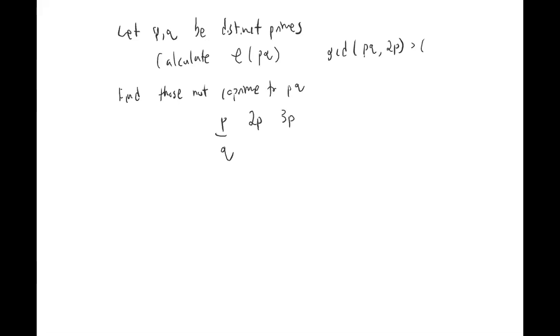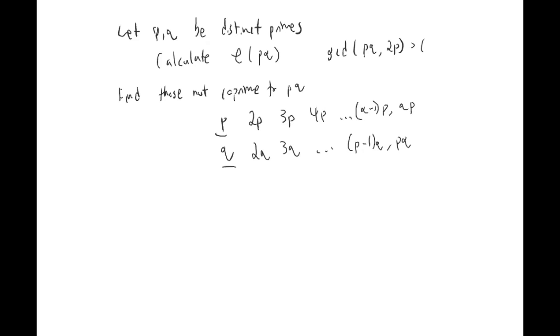So it's 3p, 4p, all the way to (q-1)p and then qp. Now you do the same for this side. I have 2q, 3q, all the way to pq.